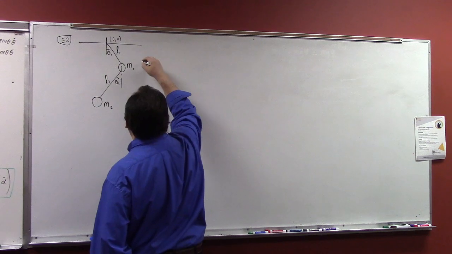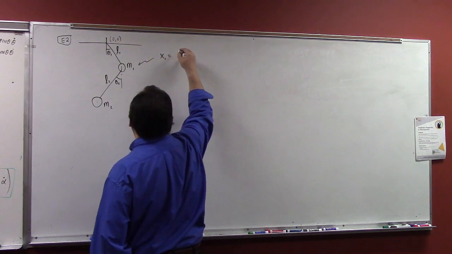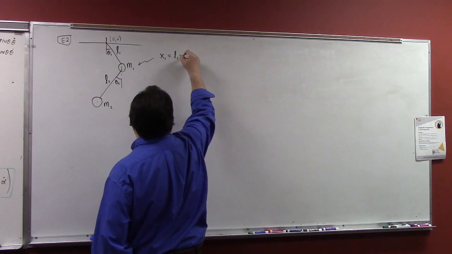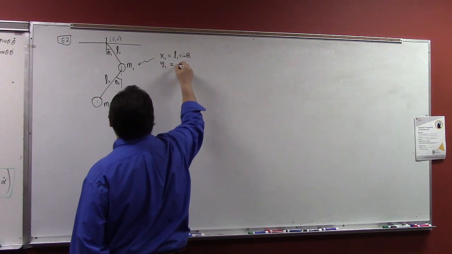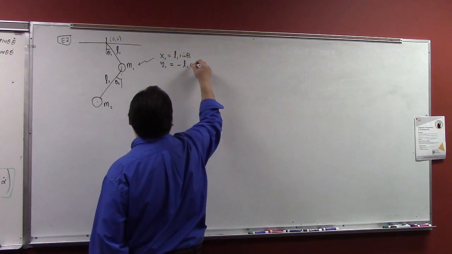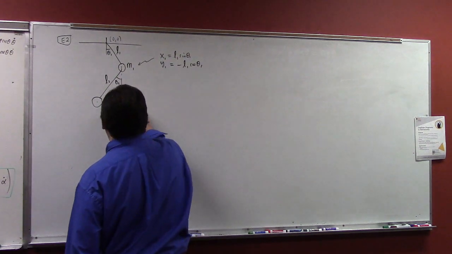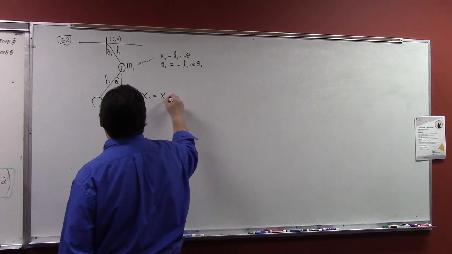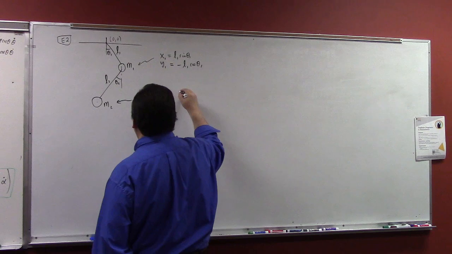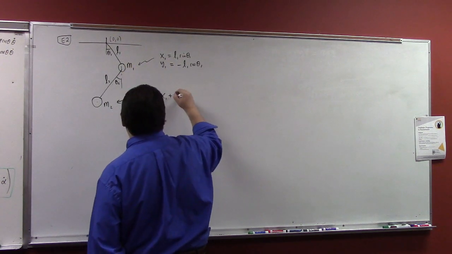then M1 is where? X1 is L1 sine theta 1, right? And Y1 is minus L1 cosine theta 1, right? And this one, we've got X2 is X1 plus L2 sine theta 2.